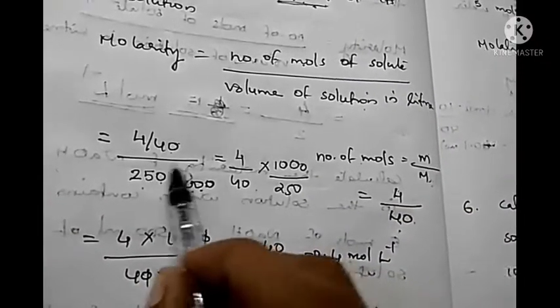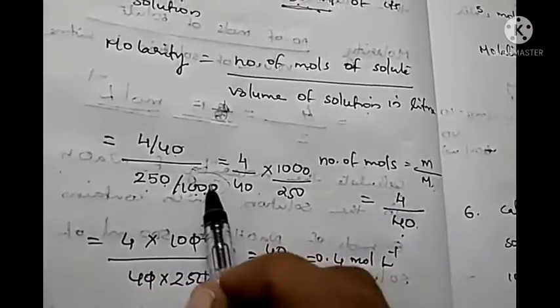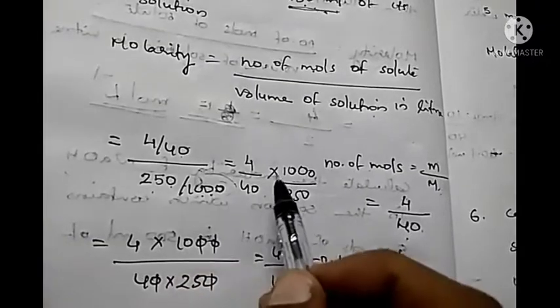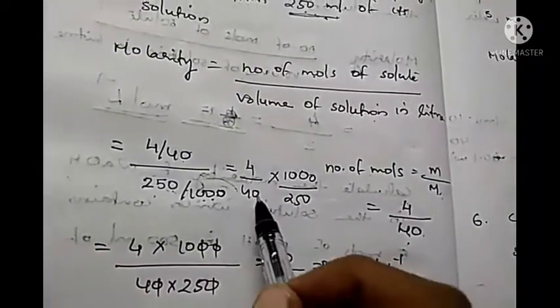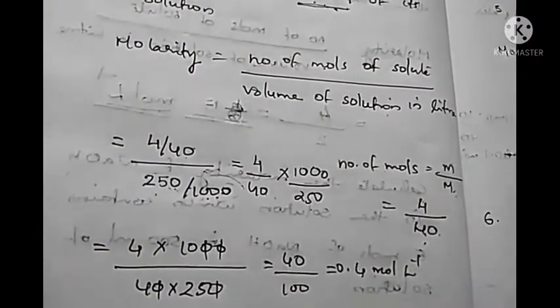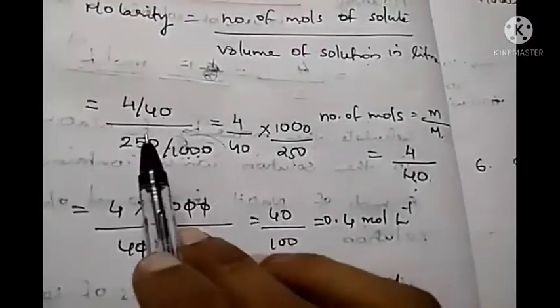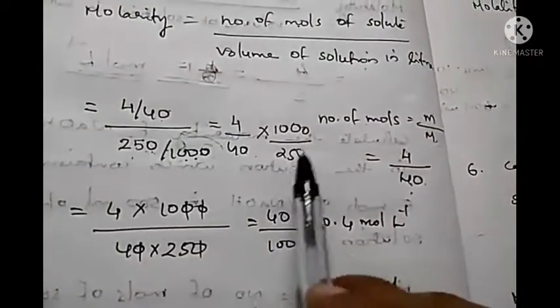To divide by the denominator we have to multiply with its reciprocal. So we can write 4 divided by 40 into 1000 divided by 250. Then when we simplify, we get 40 divided by 100, that is equal to 0.4 mole per liter, or we can write 0.4 molar.